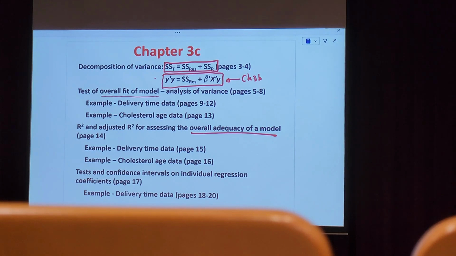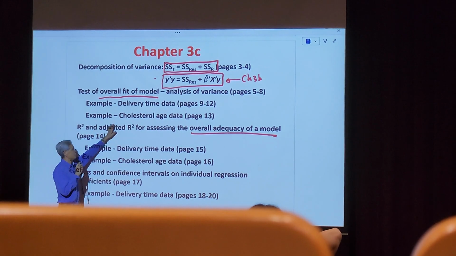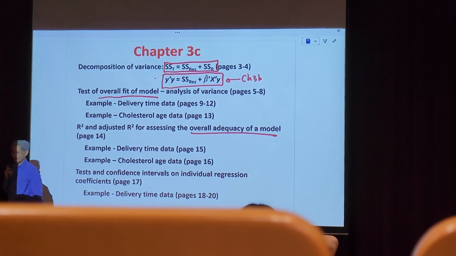And then I talked about testing the overall model, testing all the parameters in one go. And if you reject the null hypothesis, then at least one of them is not zero. And for assessing the overall adequacy of the model, use the adjusted R-square.